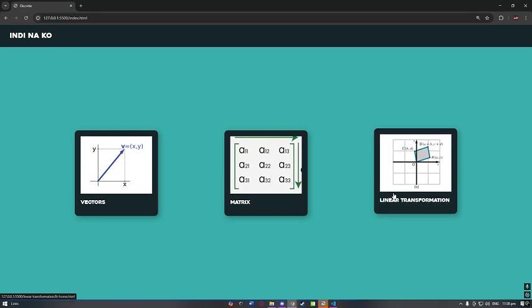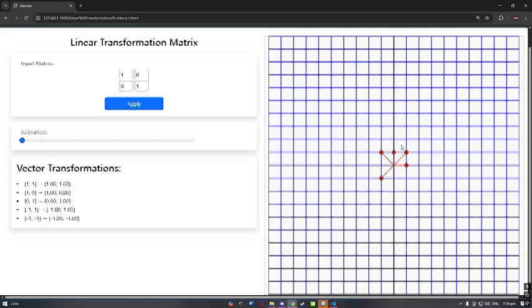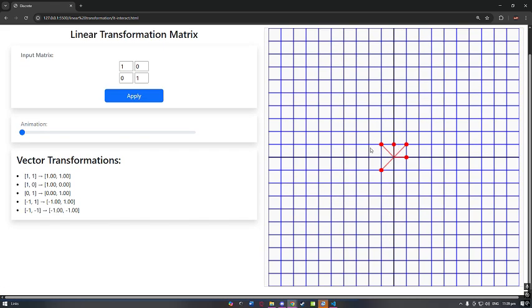Lastly, we have the linear transformation, which also has two sub-pages, the resources and interact. A linear transformation is just a Cartesian plane with vectors, in which we can transform those vectors using a matrix.